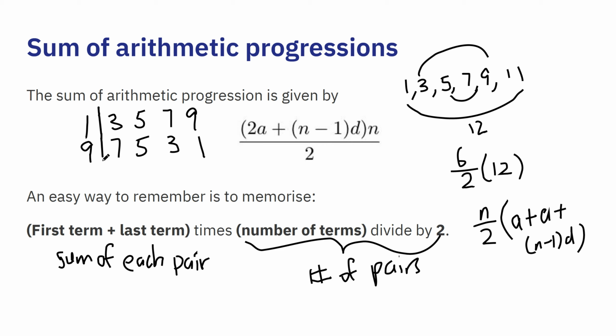And now if we add up all the numbers vertically, we will get 5 pairs, which is n, right? In general, the number of elements. N pairs of 10, 10, 10, 10, 10. And the sum of each pair is this thing in this big bracket over here. And then we divide by 2 because we duplicated it just now and we only want the sum of one of those APs. So it's actually the same thing.